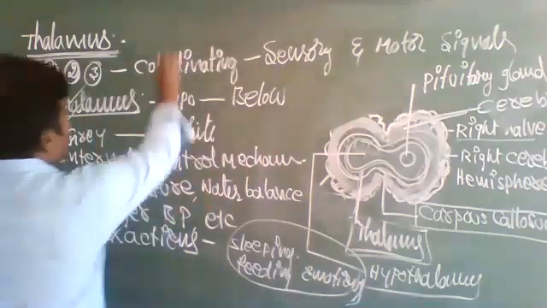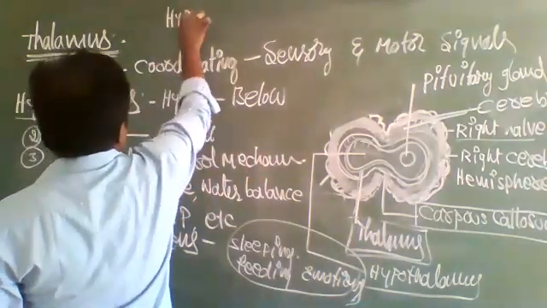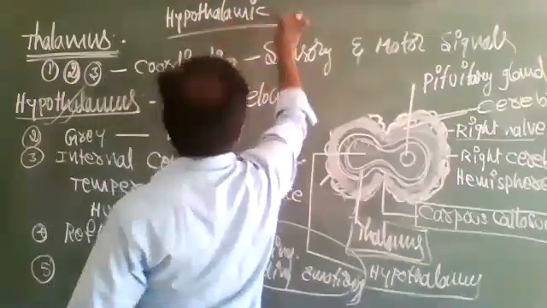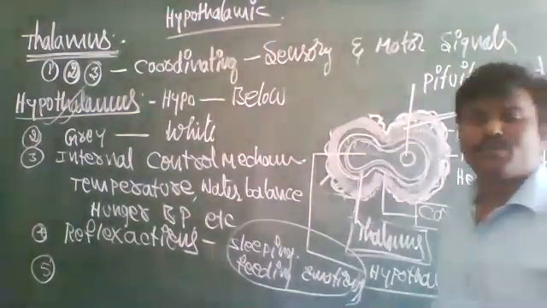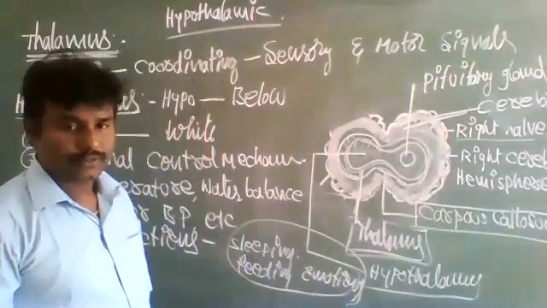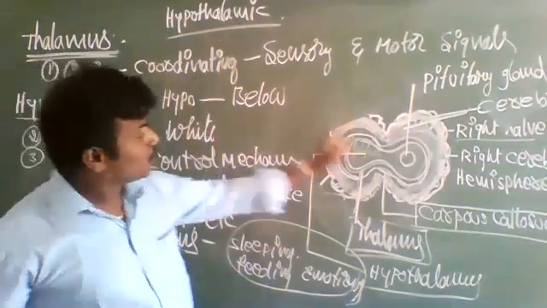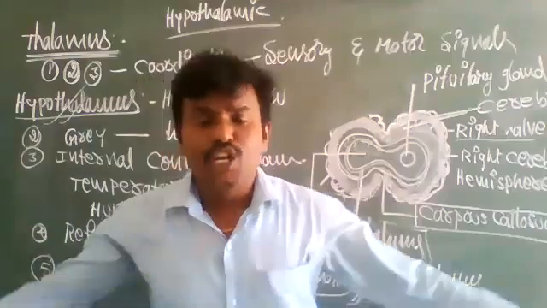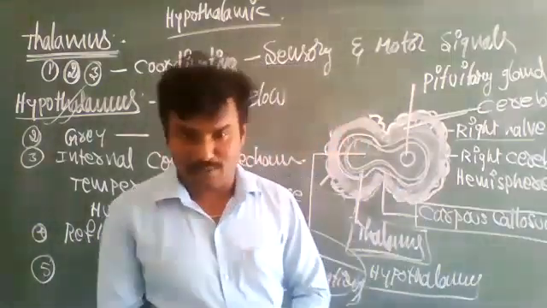Those hormones are called hypothalamic hormones. Those are called neurohormones or hypothalamic hormones.